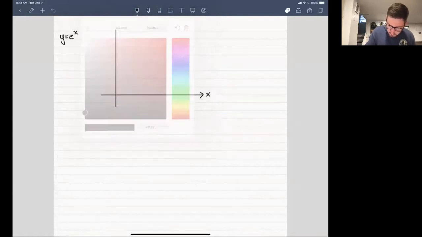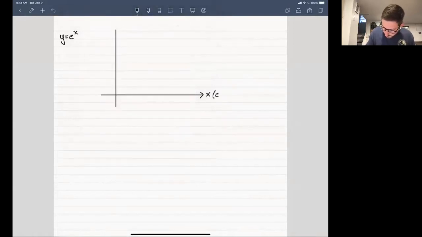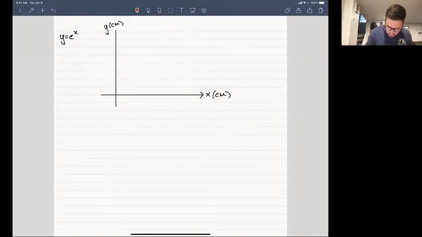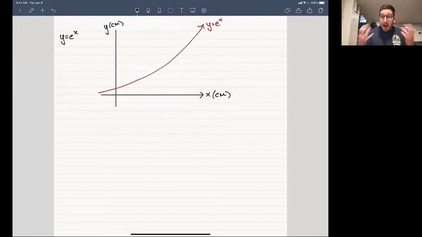So imagine this is perfectly realistic, and y is also measured in centimeters. Now we have this rough idea that an exponential function looks something like this. But the question is, have we ever really stopped to think about how fast this growth actually is?